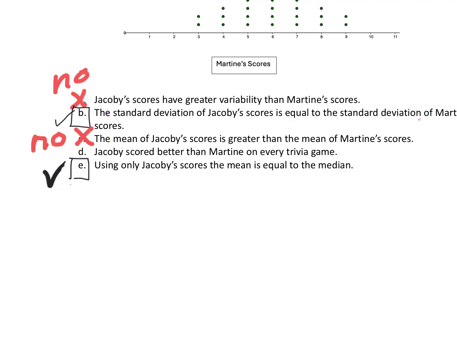And for option D, it's saying that Jacobi scored better. So in this case, better means higher. So they're asking, were Jacobi scores basically higher than Martin?